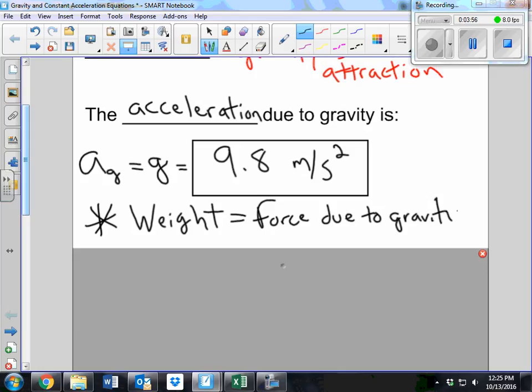That is critical, and I cannot stress enough that you remember that weight equals your force due to gravity, because your weight is your mass affected by gravity. Will we use this immediately?